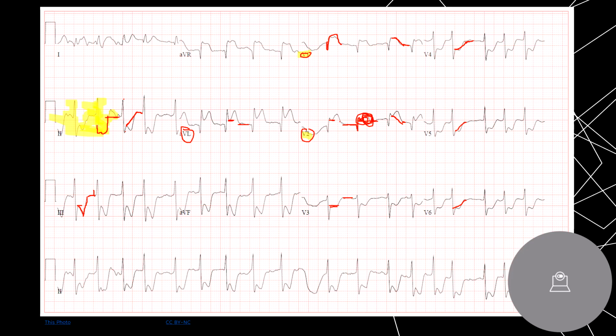I actually look at this guy. If you look at AVR, and I know nobody ever talks about AVR, but you have elevation in AVR, and it's actually significant, which tells me that elevation in AVR and huge ischemic patterns everywhere else tells me that you have either ischemia or infarction in the subendocardial wall.